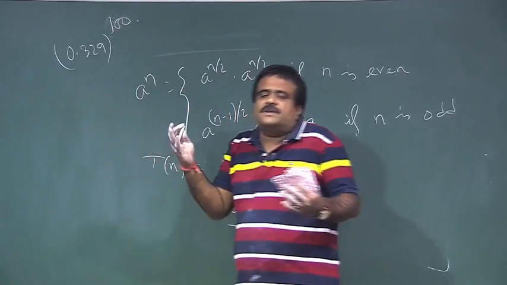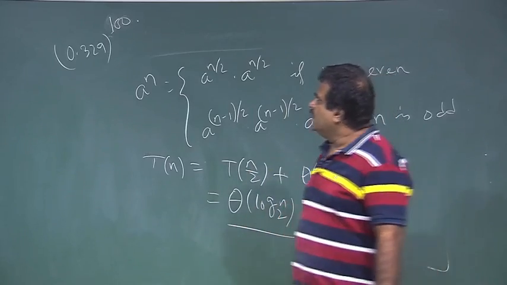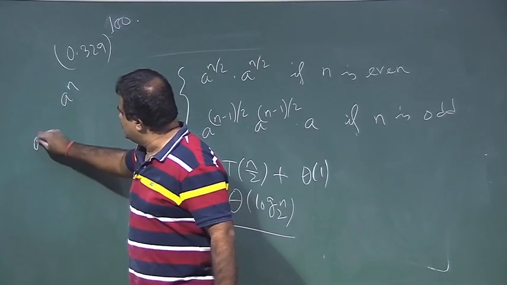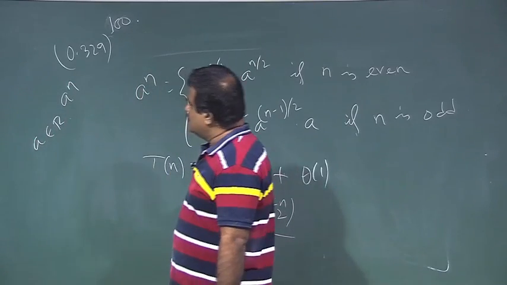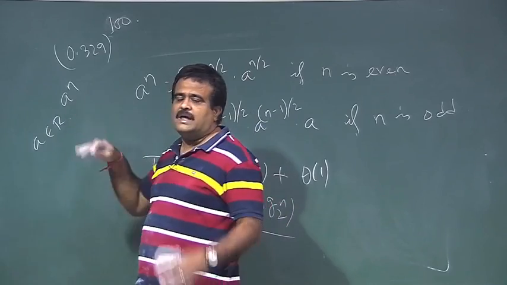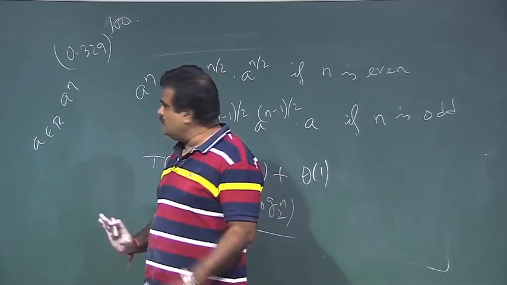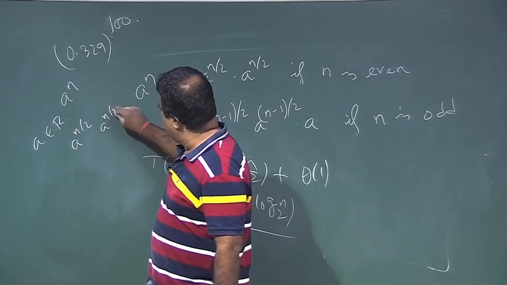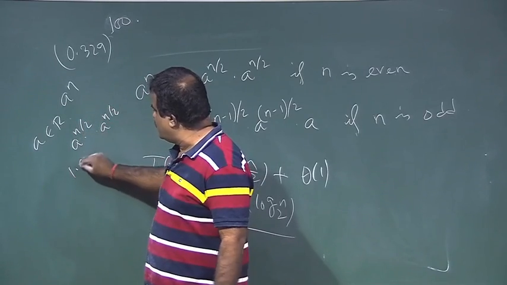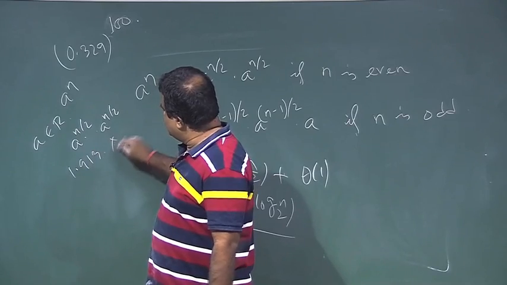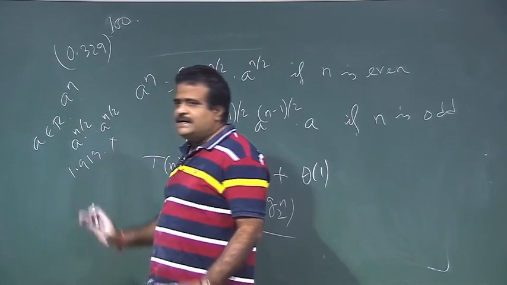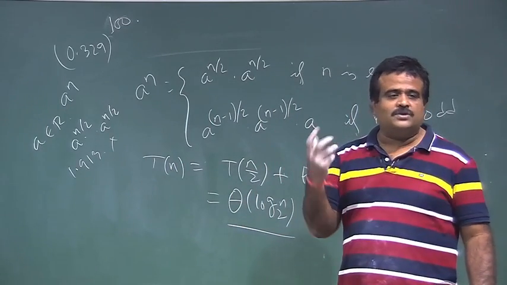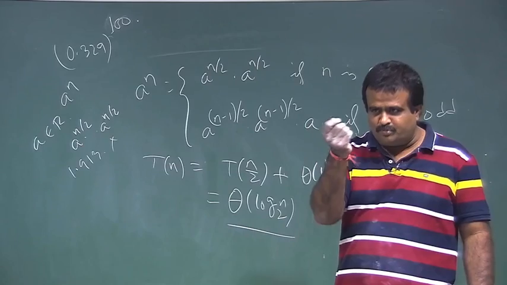If we are dealing with real numbers, then this is a to the power n, where a is a positive real number, otherwise we will have an imaginary part. Then a to the power n by 2 will be a real number, say suppose 1.9123. Now, if you multiply two real numbers, then we have to think of rounding off and precision.